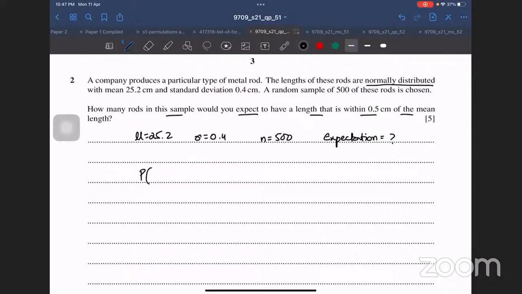So the probability is between 25.2 minus 0.5 and 25.2 plus 0.5.